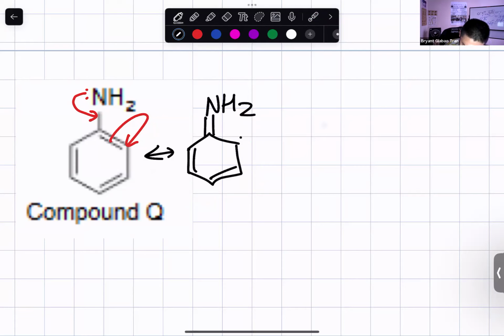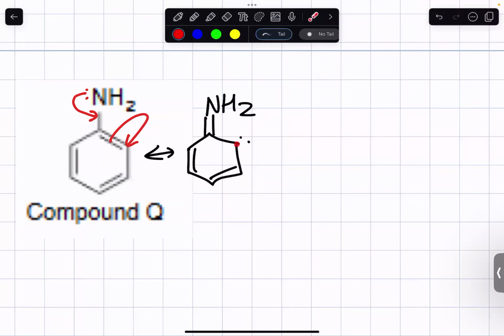If you create a pair of electrons here, what formal charge would this carbon have? Oh, it would have a positive one. Is it positive? So how are you calculating the formal charge of this carbon here? Wait, no, that would be neutral, right? Are there any invisible hydrogens here?